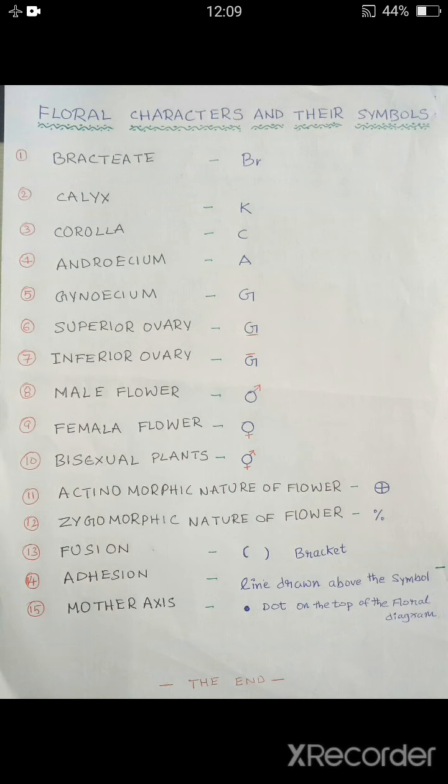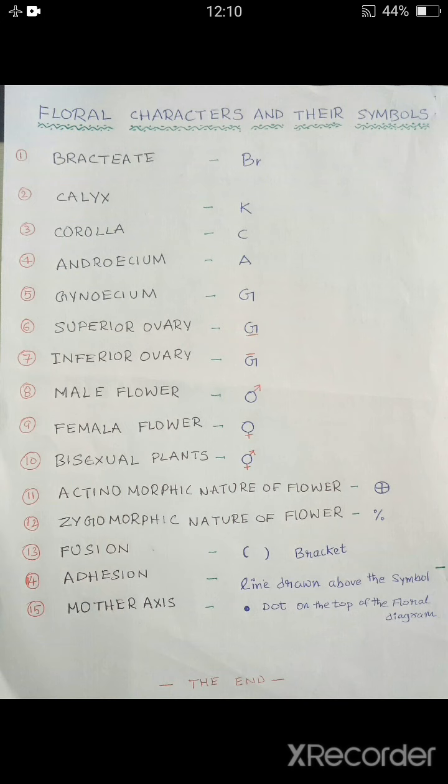Next, the twelfth one, zygomorphic nature of the flower, can be indicated with the percentage symbol. Next, the thirteenth one, fusion. If any fusion is present, it can be indicated with a bracket. Here you are seeing on the screen. Fusion is indicated by enclosing the figure with a bracket.